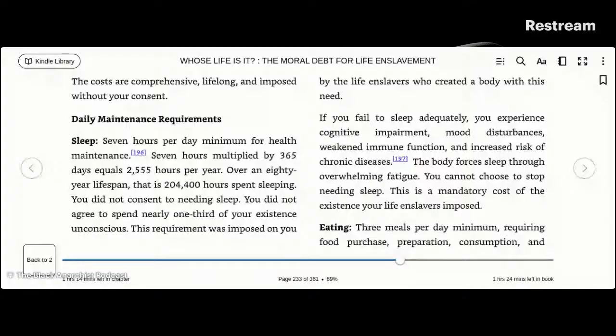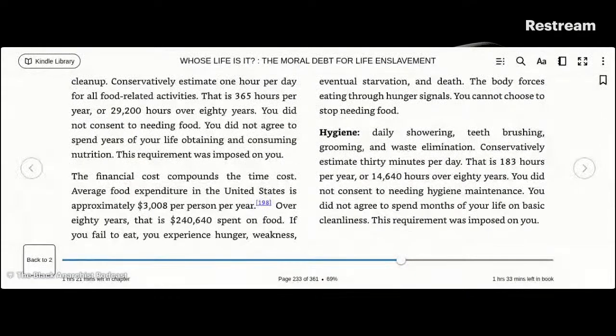Eating: 3 meals per day minimum, requiring food purchase, preparation, consumption, and cleanup. Conservatively, estimate 1 hour per day for all food-related activities. This is 365 hours per year, or 29,200 hours over 80 years.